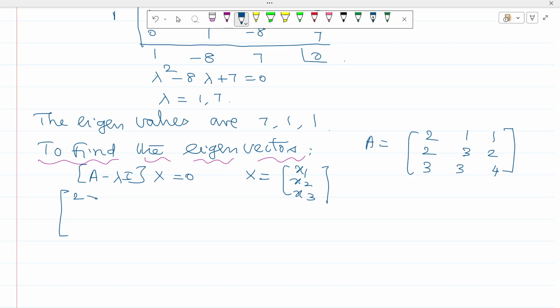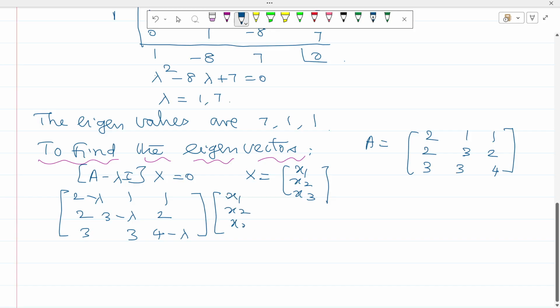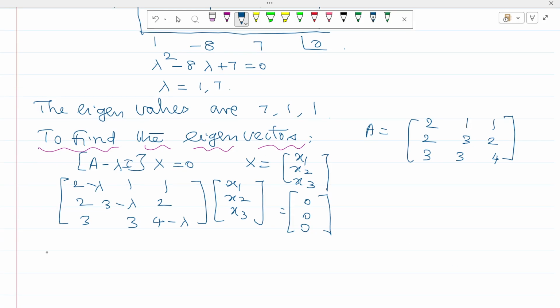So (A minus lambda I) x: 2 minus lambda, 1, 1; 2, 3 minus lambda, 2; 3, 3, 4 minus lambda, times x1, x2, x3, equal to 0. Take this as equation number 1. Case 1, when lambda equal to 7.